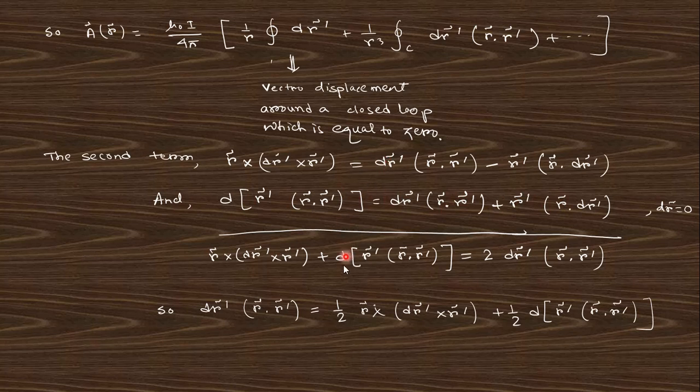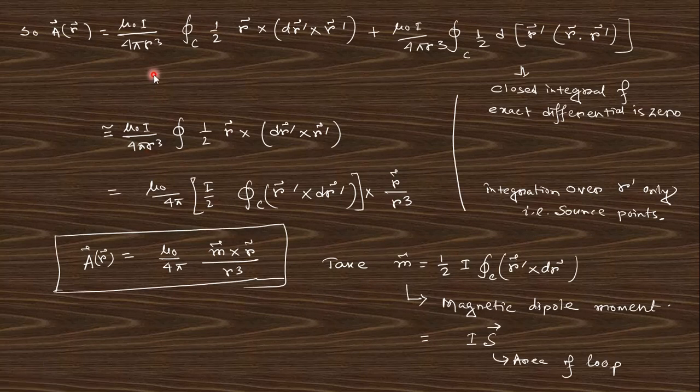Taking the sum of these two, this will be cancelled out, this is 2 times this, so this equals half of that. So finally you get this A vector equal to like that. Here this is a closed integral of this, so this must equal 0, so the remaining is like that.